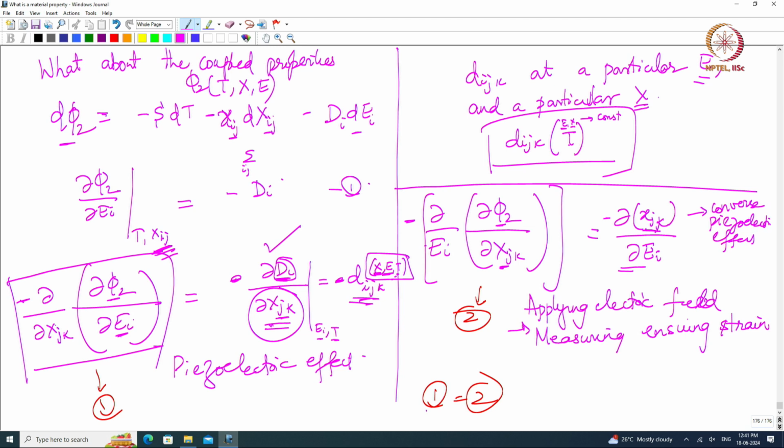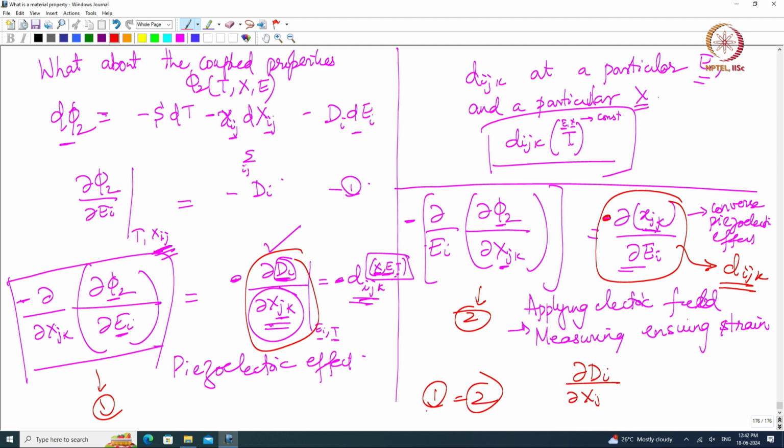However, since 1 equal to 2, this one should just be equal to dijk, right. Sorry, so there is no minus here. Because 1 equal to 2, this quantity should be equal to this quantity, right. So, what you have shown is dDi by dxjk. This is how dijk is defined, which is my piezoelectric coefficient.